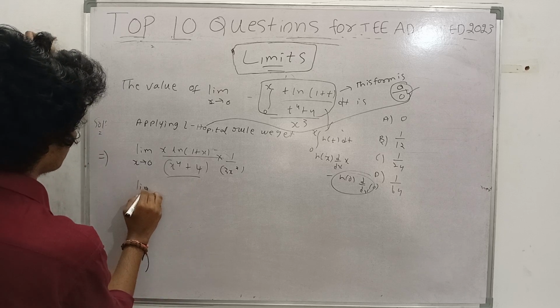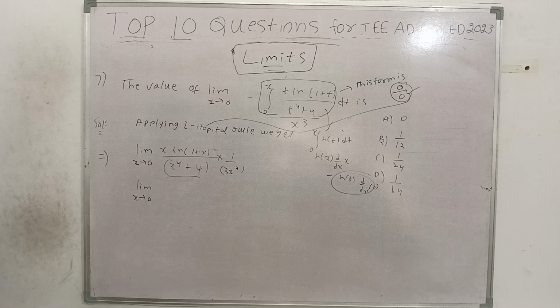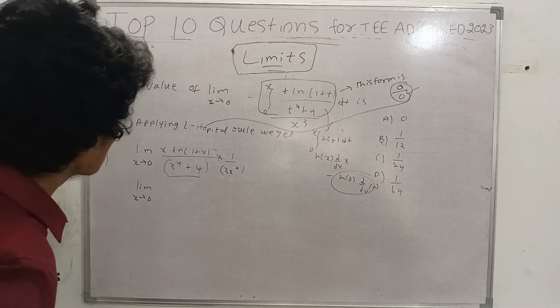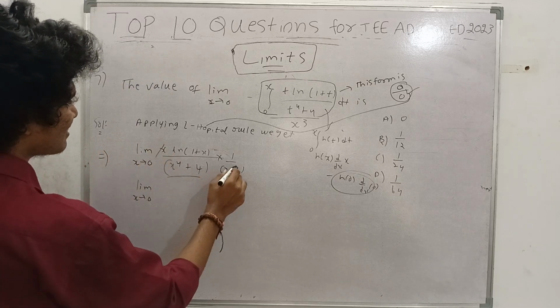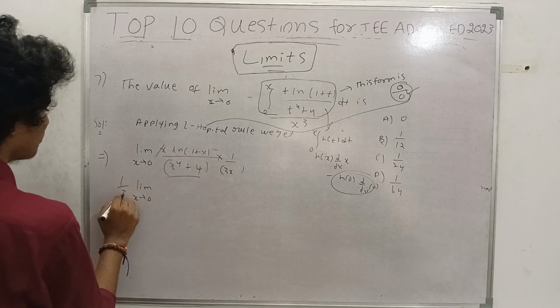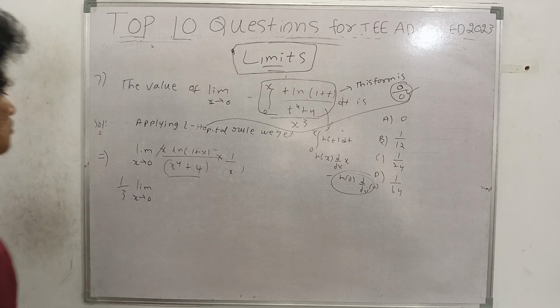And again limit x tending to 0. Now we have to think what we can do. This x and this x are cancelled, and here the 1 by 3 I can take outside. So there will be only simple x.